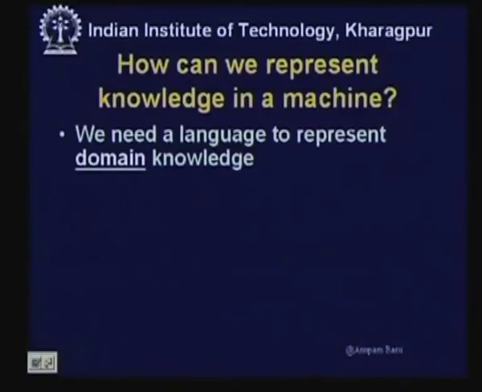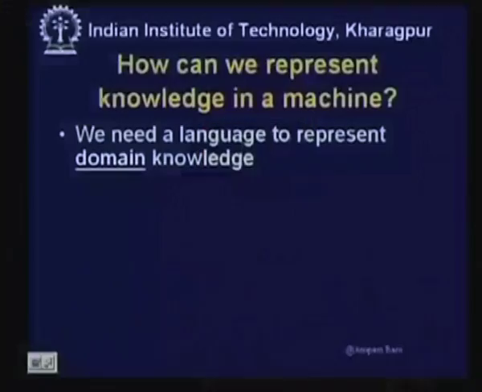Now, in order to represent or express anything that we want to talk about, we need a language. So, just for expressing the knowledge, we also need a language that will be able to represent the domain knowledge. I have underlined this word domain because knowledge is not a small thing. It's very difficult to have a complete knowledge of everything.